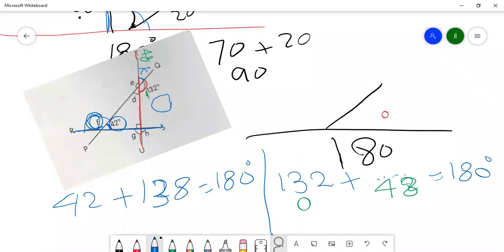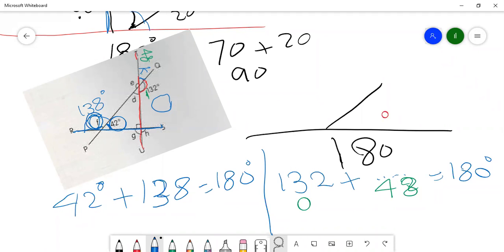This is 42 plus 138. What is the answer? 180. So F is 138, because 138 plus 42 equals 180. Is it clear?